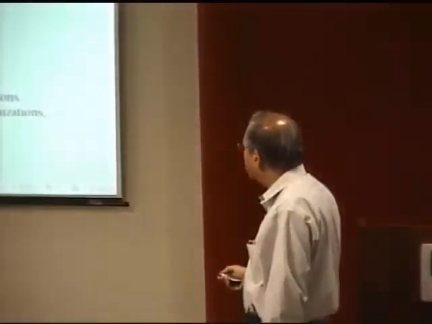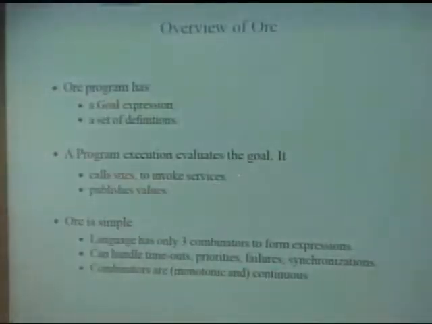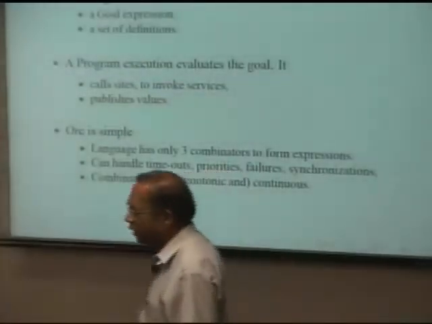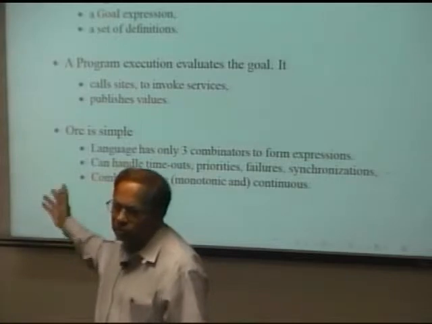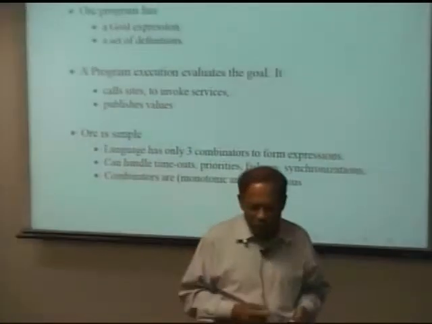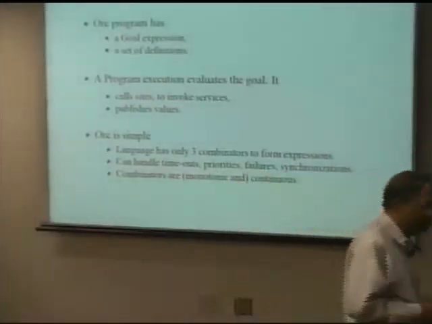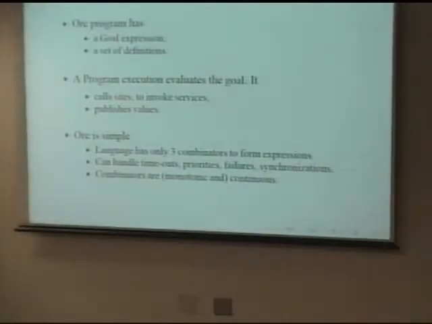And the expression evaluation will call these services to get some results, and eventually it will publish some values. By publish, I mean, as in a functional program, there is one answer that comes out at the end. There will be many answers coming out of a goal expression, and those are the publications. So what happens to a publication? Just think of it like it's going into the ether. You evaluate this, the value is such and such. For the moment, that's what we'll do.